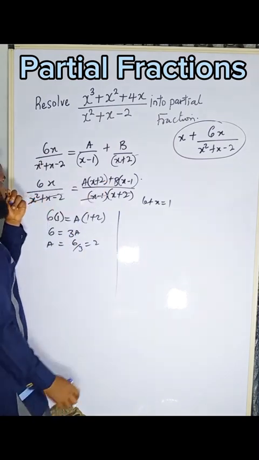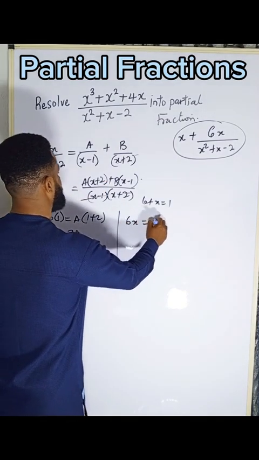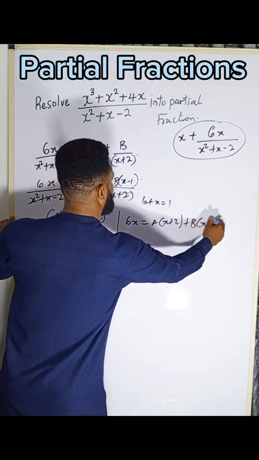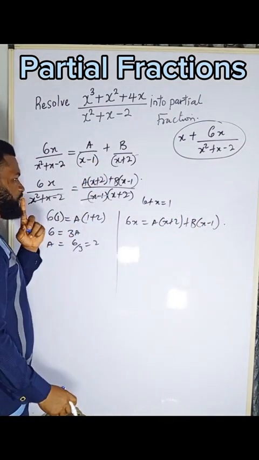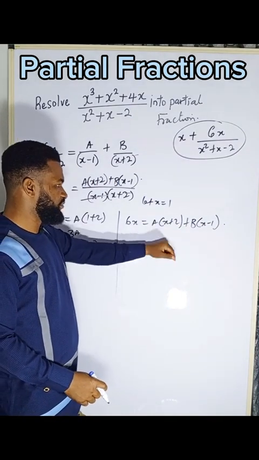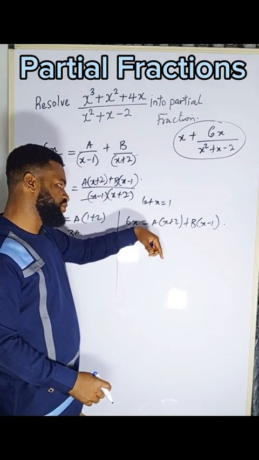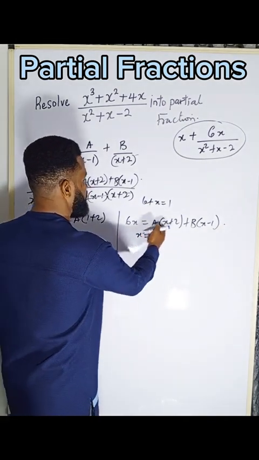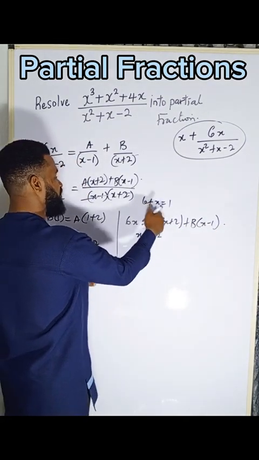So I'm going to find B. To find B, I'm still going to say 6x is equal to A bracket x plus 2 plus B bracket x minus 1. So I am going to find the value that will make A vanish. If I say x is equal to minus 2 and substitute it here, A will be 0.